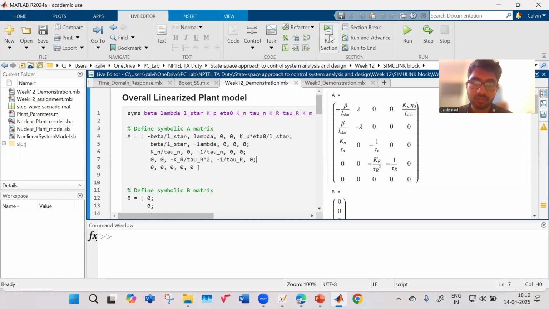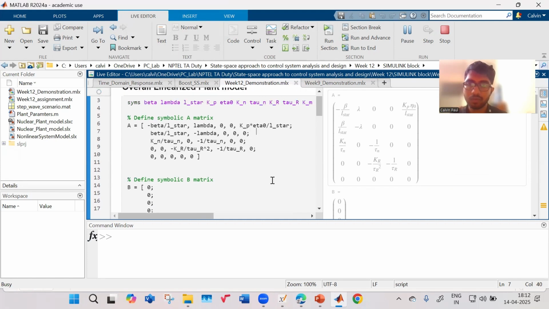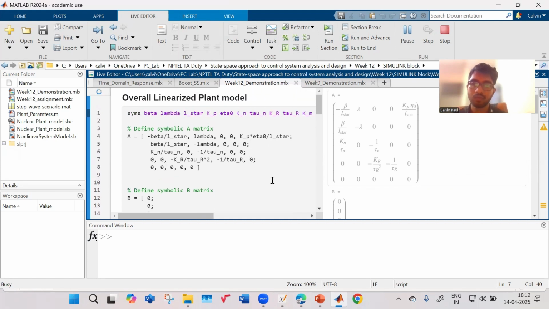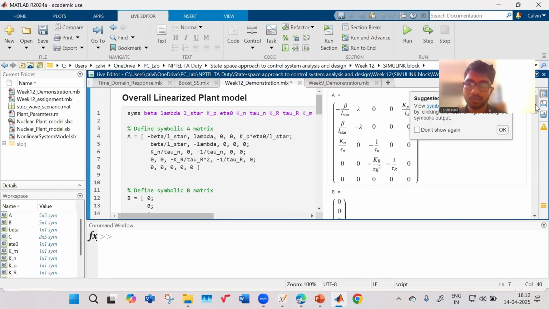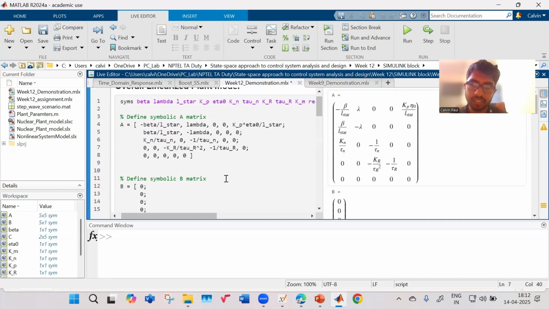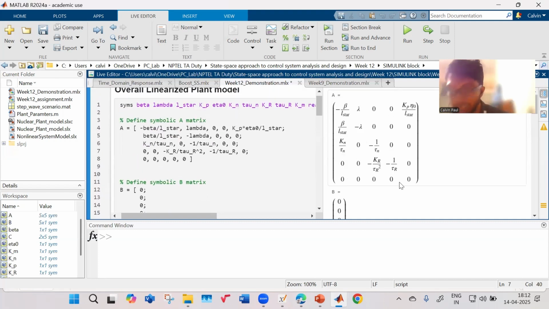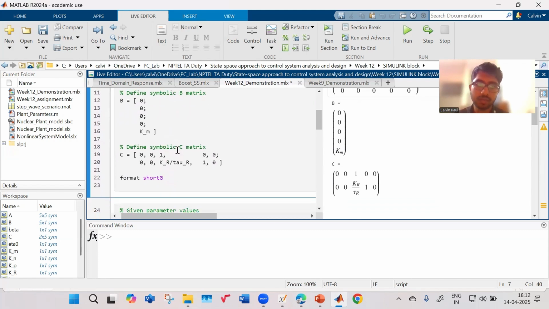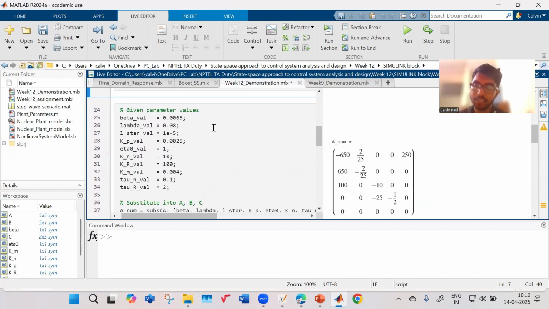Let me run this section. This is the A matrix, this is the B matrix, this is the C matrix. I've defined them, and we verified it in the last class. Then these are the parameter values which have been provided to us.